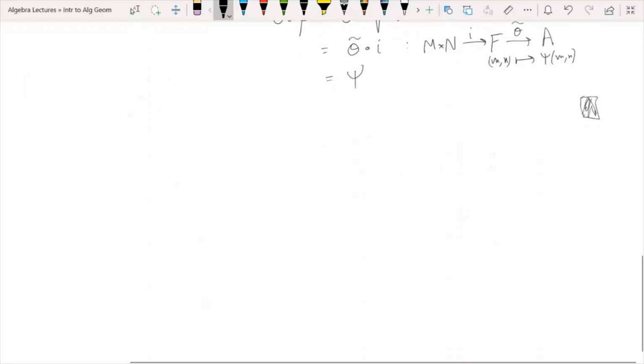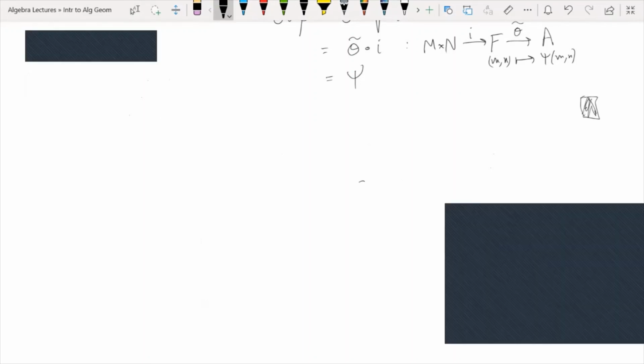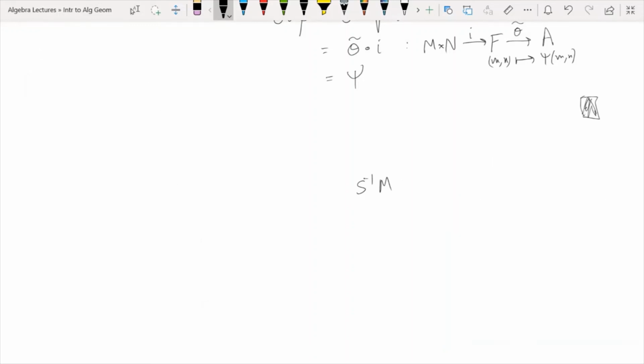What you're asking is whether S inverse M, where S is some multiplicative set, is the same as, and this we will see, S inverse R tensor over R M. Once you prove this, we will also see some more basic properties of localization.